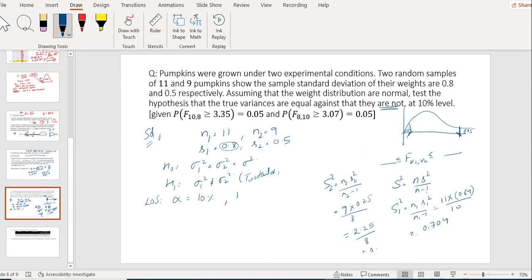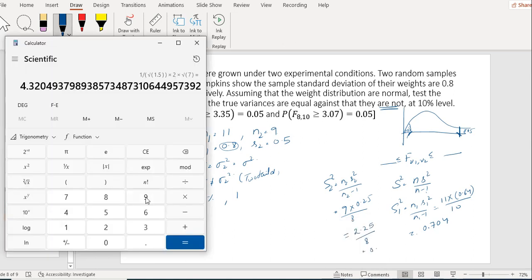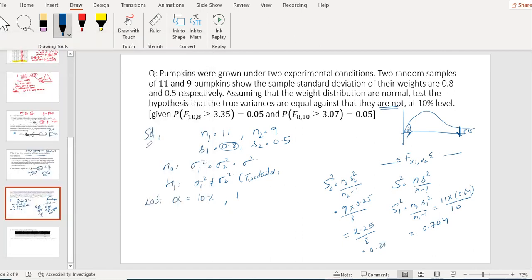Let me calculate using the calculator only, because we need to ensure that its value is correct. So n2 is 9 multiplied by 0.5 square divided by 8. Its value comes out to be 0.28125. This is the value of S2 square.